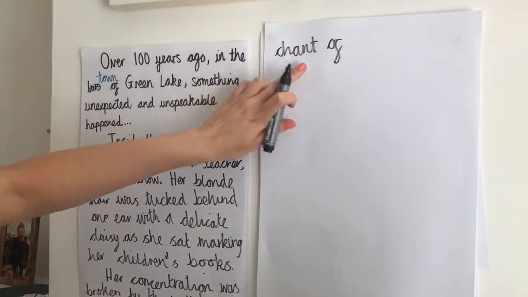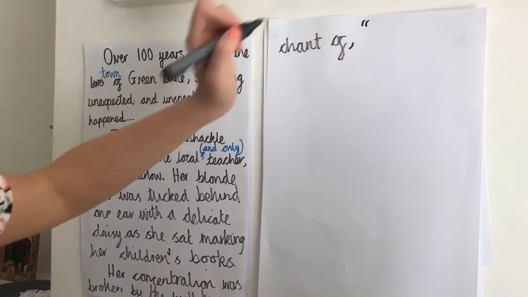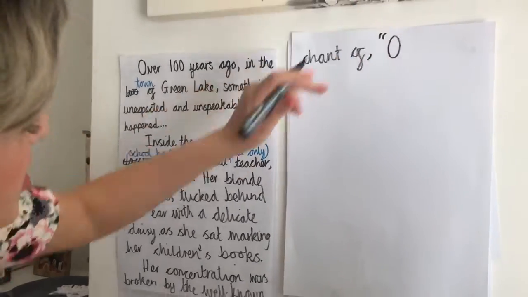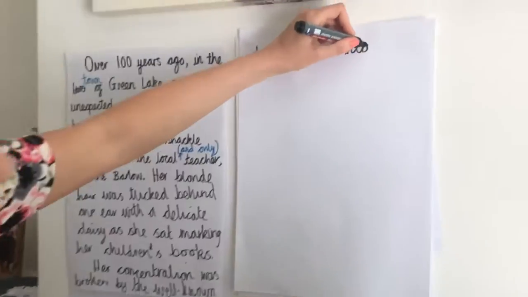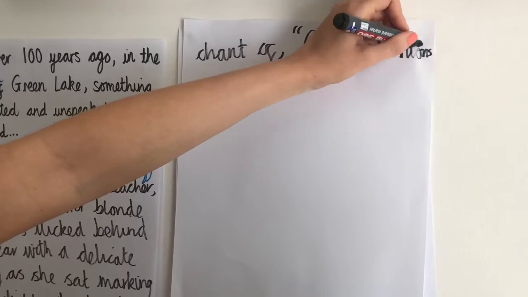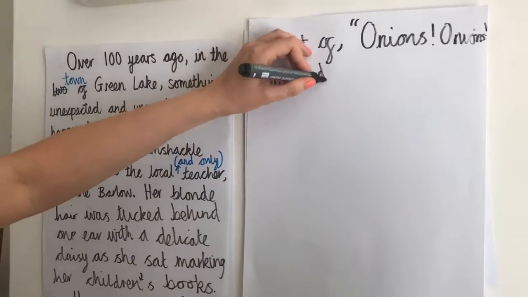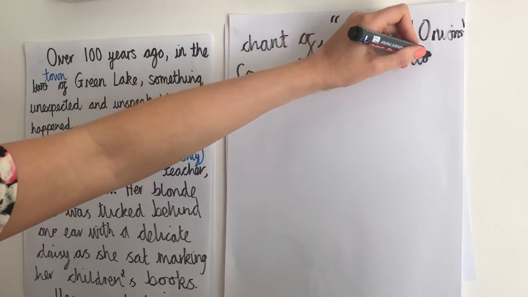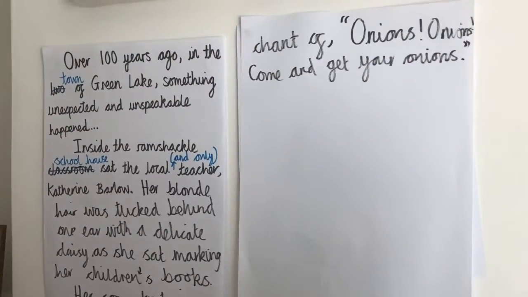So, we've got our reporting clause, so we stay on the line, comma to introduce speech, inverted commas, and of course, a capital. So, her concentration was broken by the well-known chant of onions, onions. Oh, can I fit it in? Just. Come and get your onions. Full stop, close inverted commas.